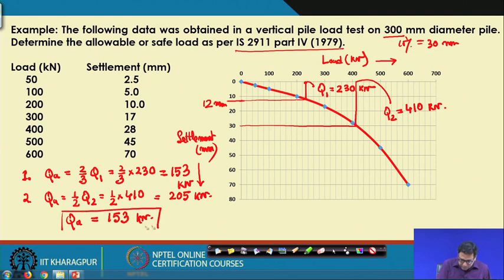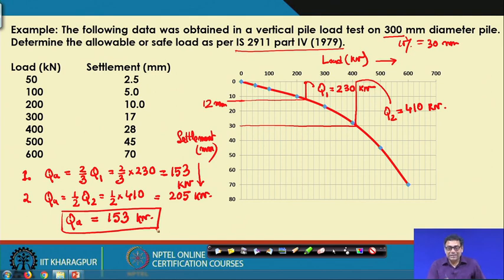From the pile load test I am getting the Q allowable value directly as 150 kilonewton.